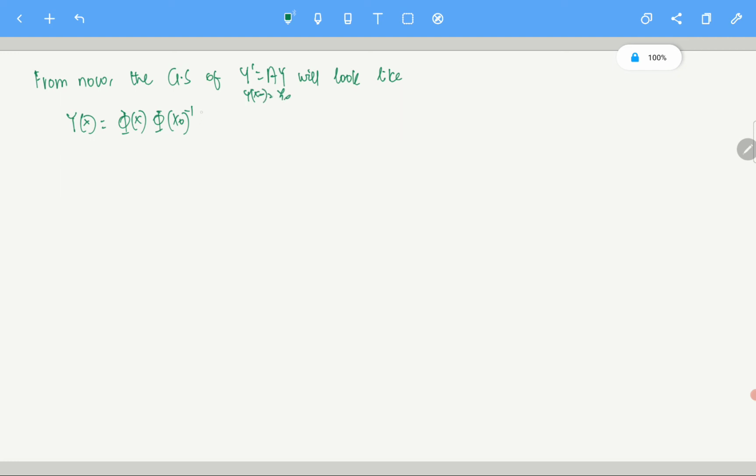And this is y naught. Clear? It will look like that. So this is the general solution of this problem, not only this, but with the initial condition it will look like this, where capital phi is the fundamental matrix.